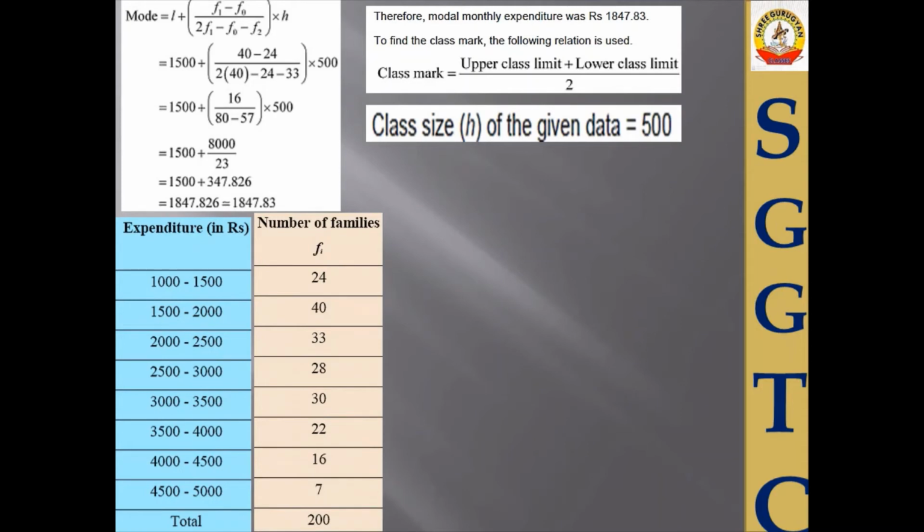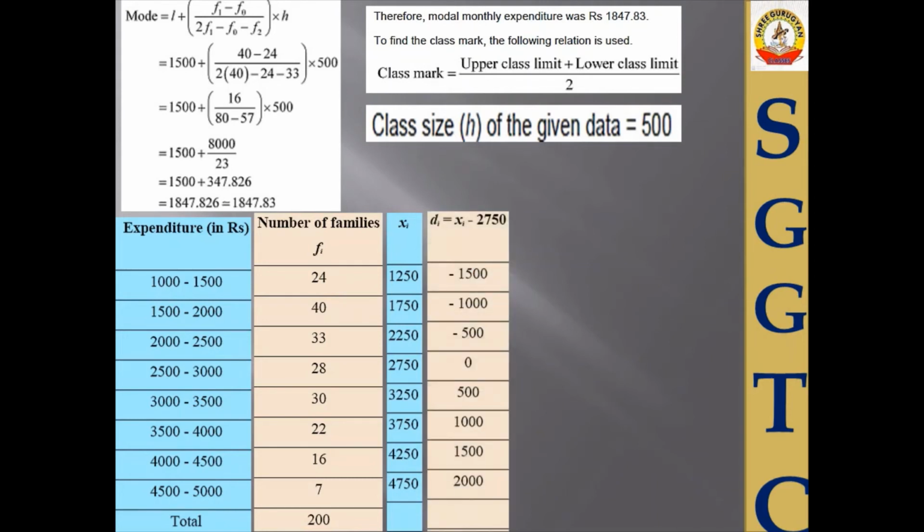In the given question, again I mention the expenditure and the number of frequency, and now go to the class mark. Yes, students, class mark xi is (1000 plus 1500) divided by 2, that is 2500 divided by 2, which is 1250. Now to all the others, you just add 500. So 1750, 2250, 2750, 3250, like that you only add 500.